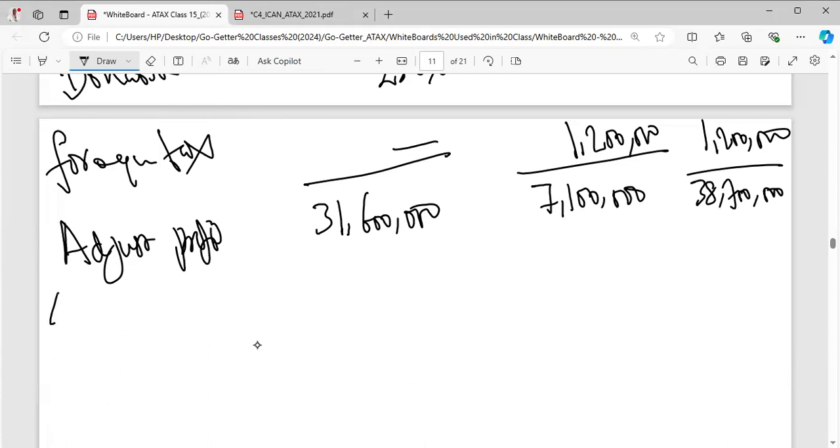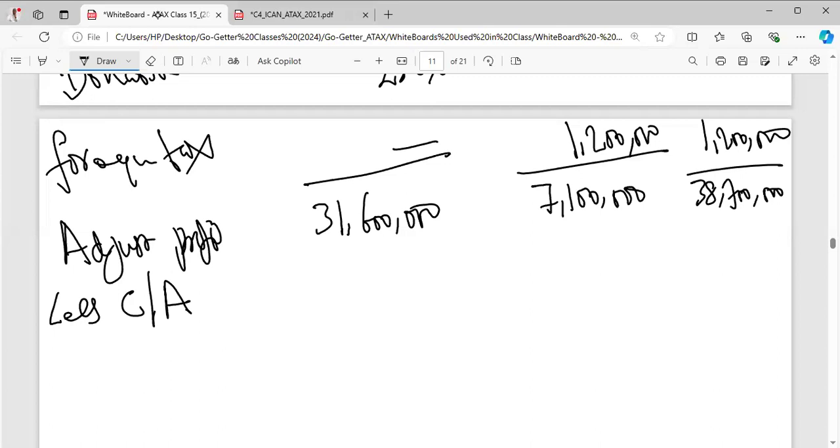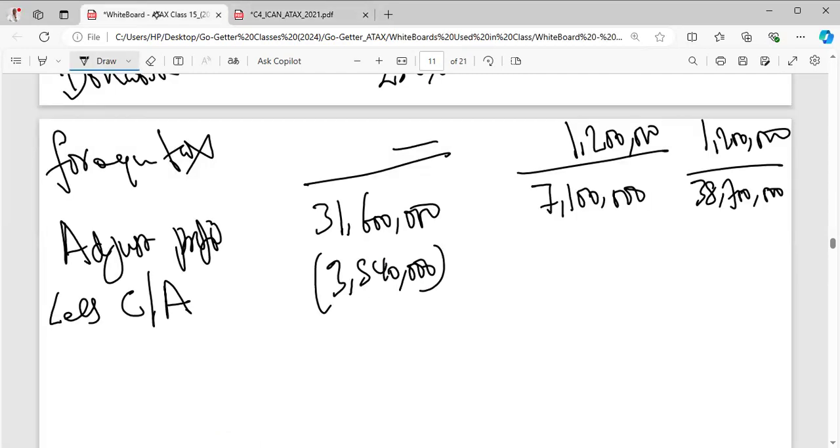Now let's less our capital allowance. So split it for us here. Nigeria is 3,540. Ghana is 1,450.